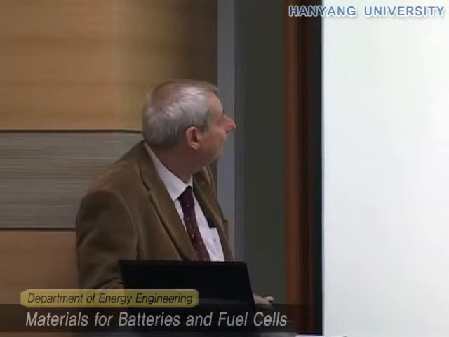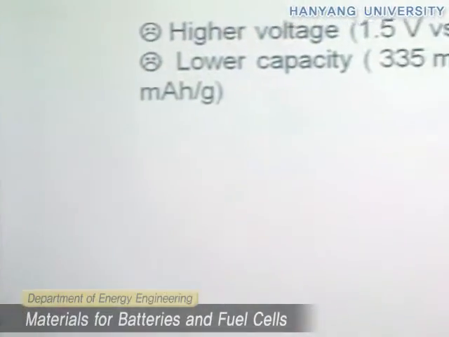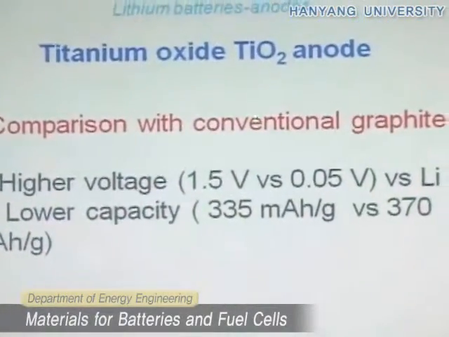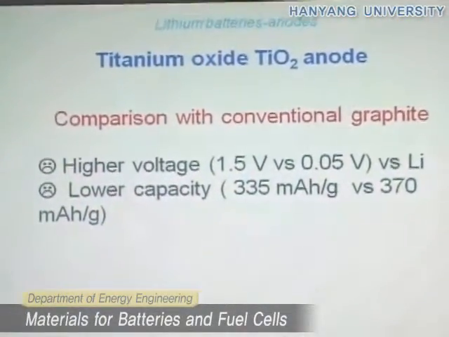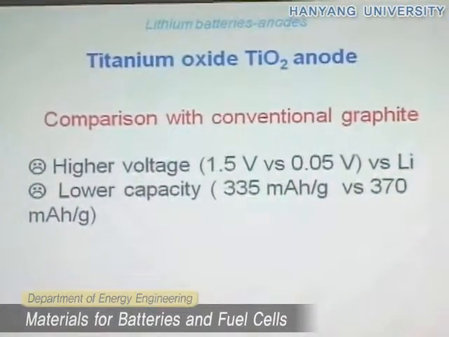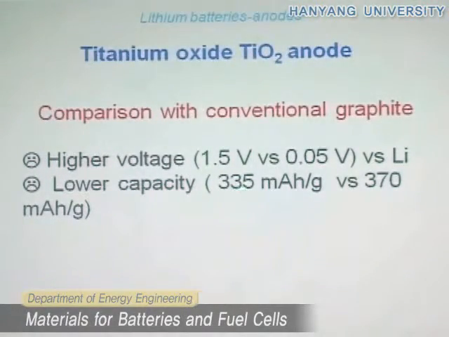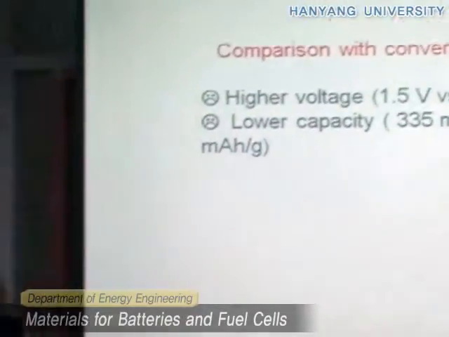Now let's compare the properties of this titanium oxide anode with respect to graphite. As in the case of titanate, we have some drawbacks. It's a higher voltage, which is 1.5 volt versus 50 millivolts. The capacity is higher than that of titanate, but still a bit lower than graphite.